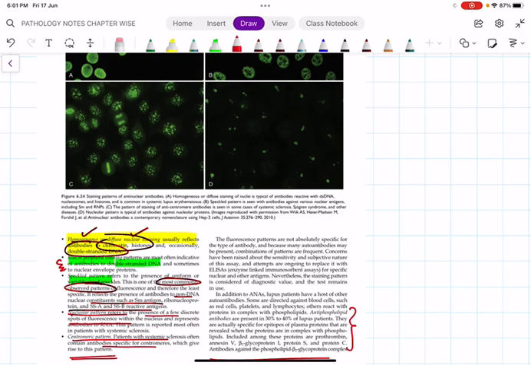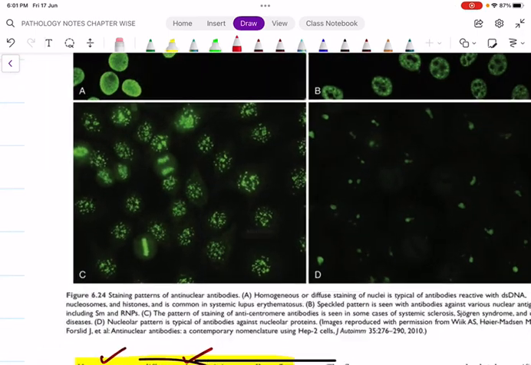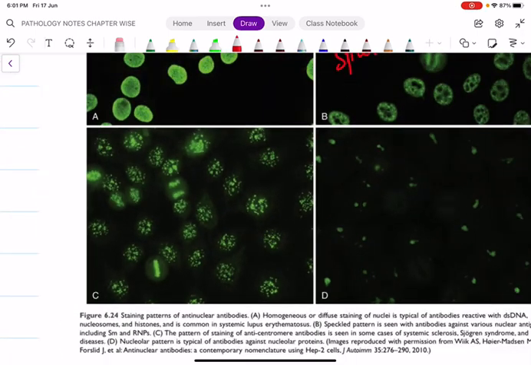Then pattern C. You can see within the nucleus some dot-like structures. This is what we call the nucleolar pattern. Remember, this nucleolar pattern is most commonly associated with systemic sclerosis.